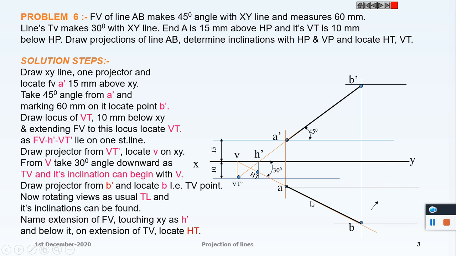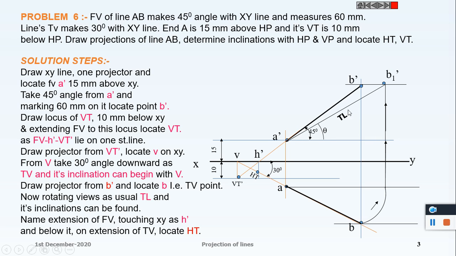Now rotate the end B about the point A. We get the point B1 here, and project it upwards to the locus of B dash. We get B1 dash. Join A dash B1 dash, and this is the true length of the line, and we get the inclination of the line with HP, that is theta.